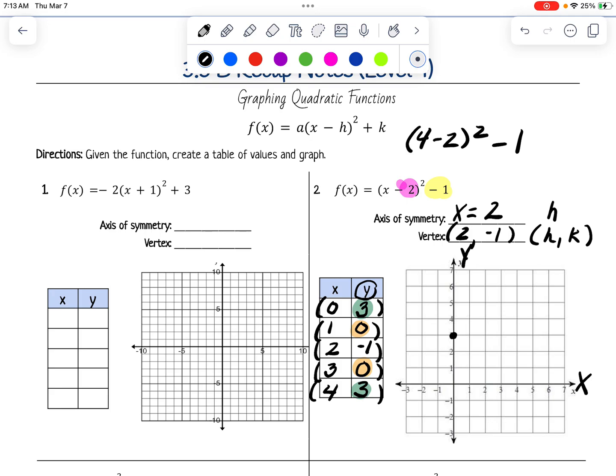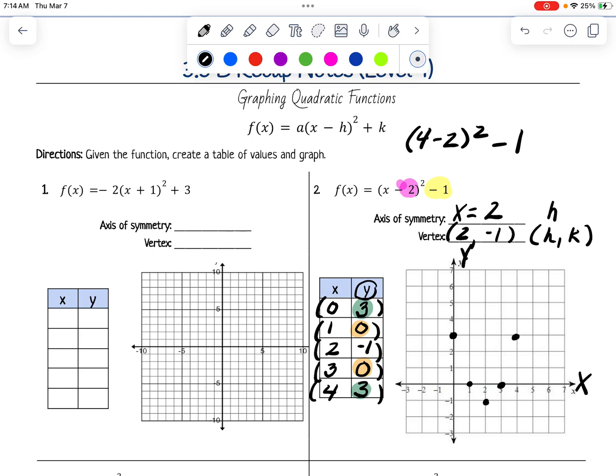Then I need to graph (1, 0), which is here, and I need to graph (2, -1), which is here, and then I need to graph (3, 0). So I'm going to go to 3 on the x, 1, 2, 3, to 0 on the y, and then I'm going to graph (4, 3).